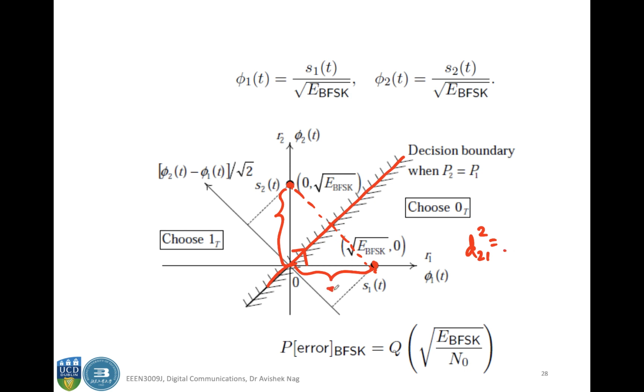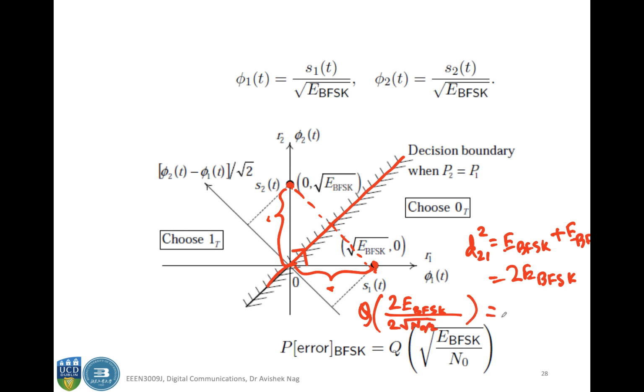This distance is square root of EBFSK, and this is also square root of EBFSK. So you have twice of this term. Now if you put that into the formula, your probability of error is basically Q of the distance between the two signals, which is the square root of 2 times EBFSK, divided by this term, which is always fixed.